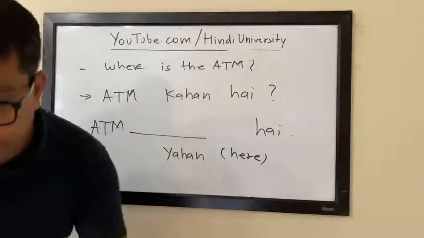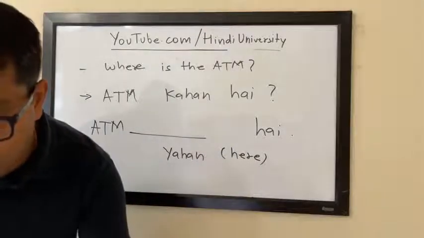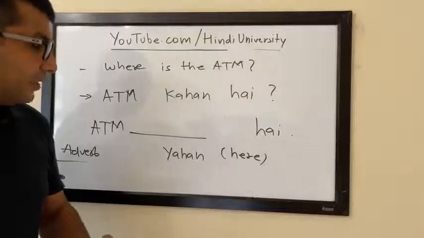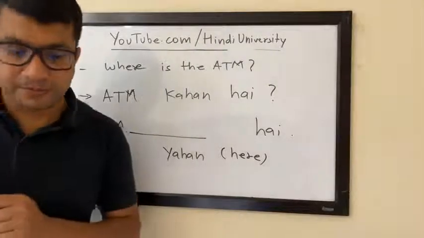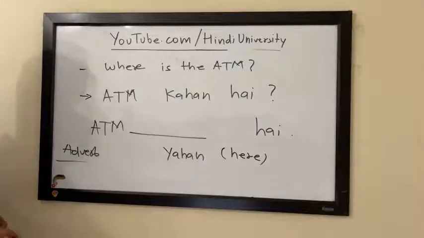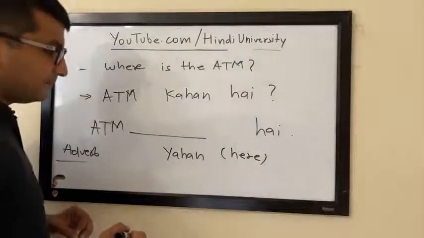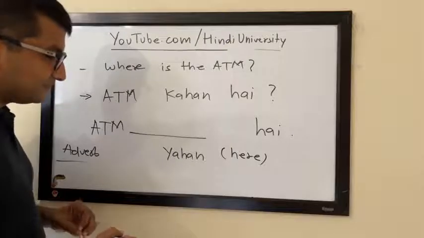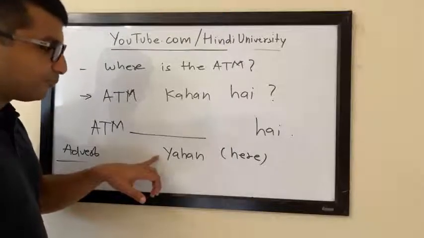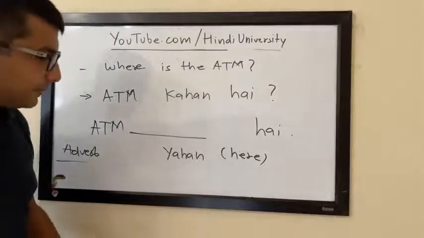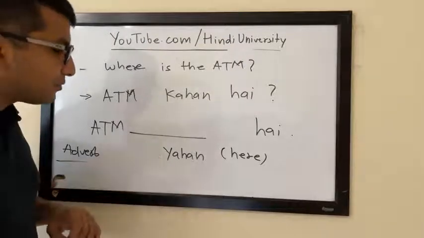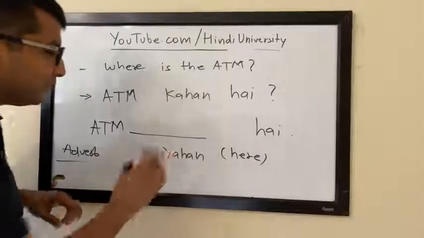Let's say this question is asked to Risha ji. Donna is asking you, ATM कहाँ है? How will you respond to her? You will give a street name? I mean, that's one way for sure. That's a correct one. But let's say you want to try something with the adverb.